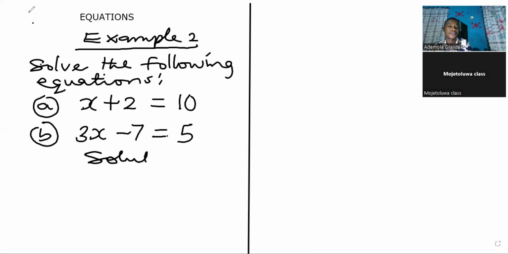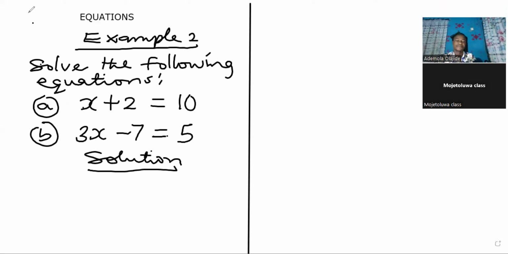Let's do this one first. When you are done writing, when you are set for explanation, let me know. Okay, very good. So the first part, we have x plus 2 equals 10. Can you tell me in what way is this equation different from the one we have under example 1?